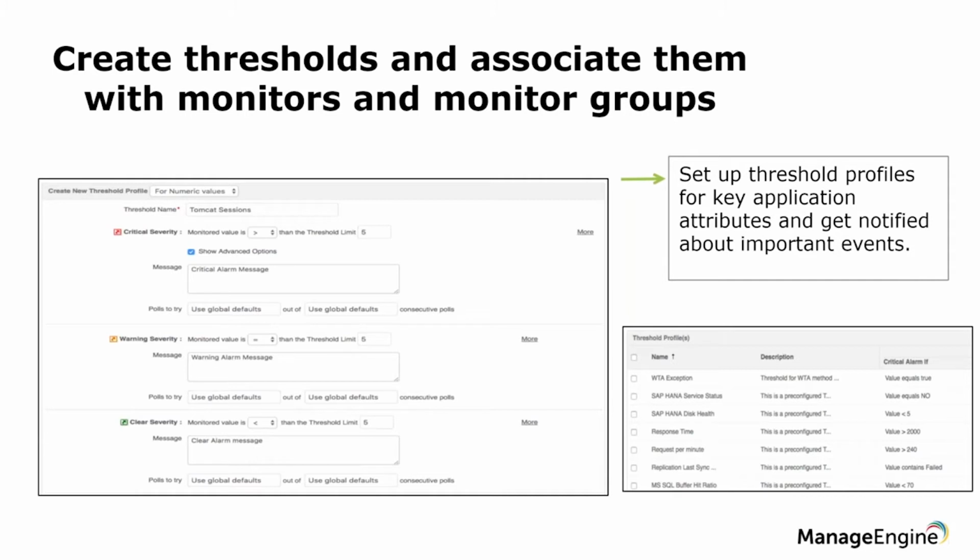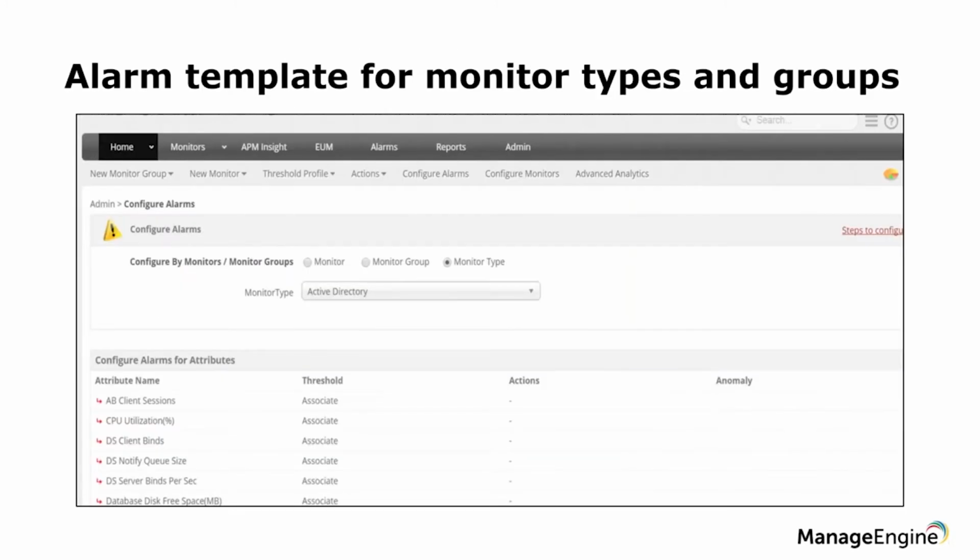In order to make sure that the application provides you the necessary alerts, thresholds have to be configured. The best practice for creating a viable threshold is to view the historical data of an attribute in the reports. Associating this threshold can be done for individual monitors or using an alarm template.